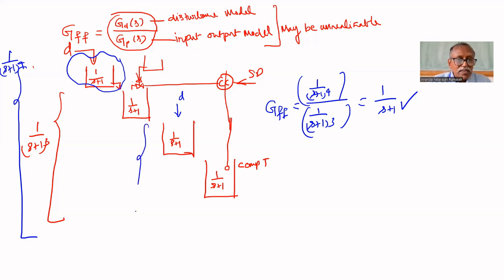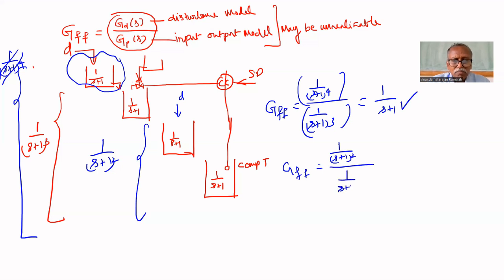Here, the disturbance model is 1 upon S plus 1 whole square, and the input output model is the same. Therefore, feed forward controller equals the disturbance model 1 upon S plus 1 whole square divided by 1 upon S plus 1 whole cube. That is equal to S plus 1. This is not physically realizable.